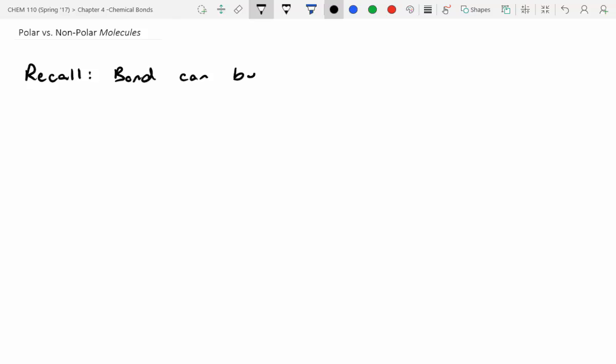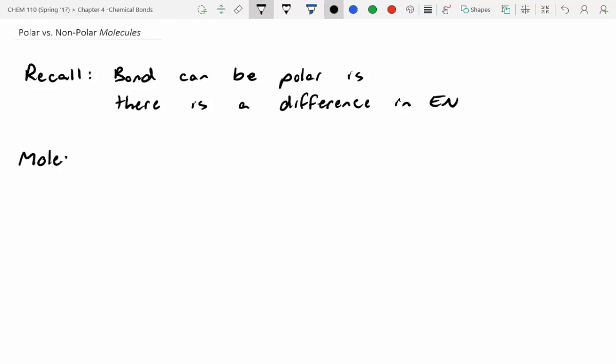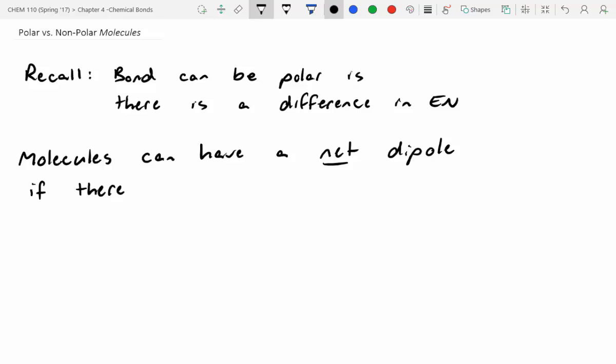So bonds can be polar if there is a difference in electronegativity, and molecules can have a net dipole if there is an overall imbalance of electron density.